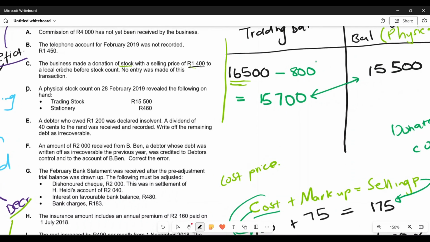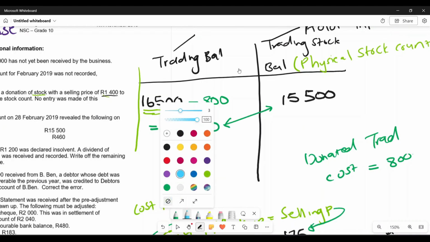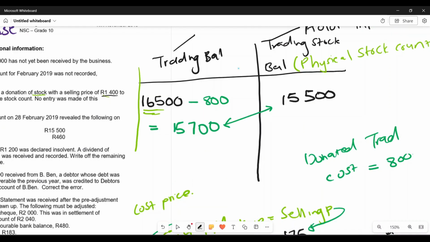Going back to this, with regards to trading stock, I need to classify whether I have a deficit or a surplus. Comparing the two, in accordance with your books, you are supposed to have trading stock worth 15,700. But when you do the physical stock count, you find that your trading stock is actually worth 15,500.